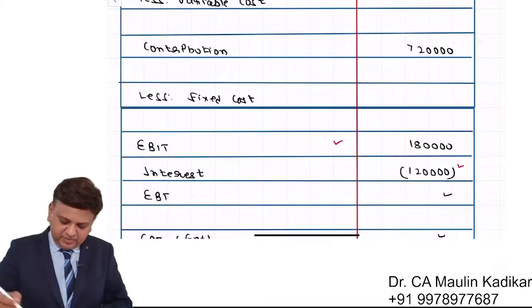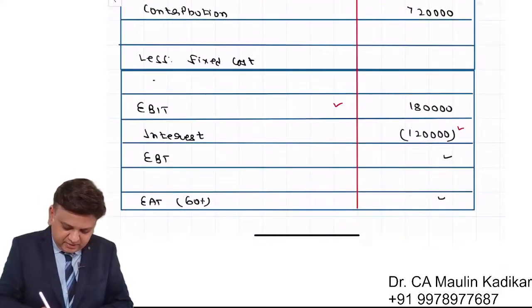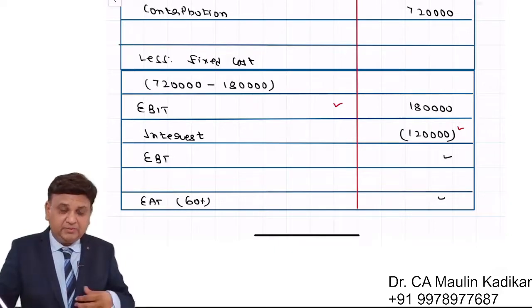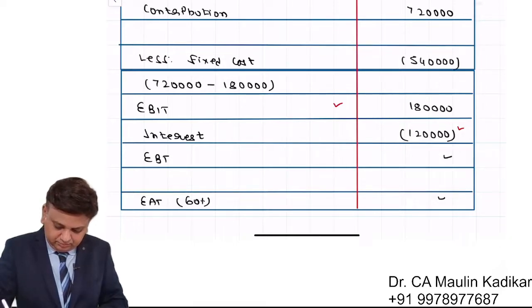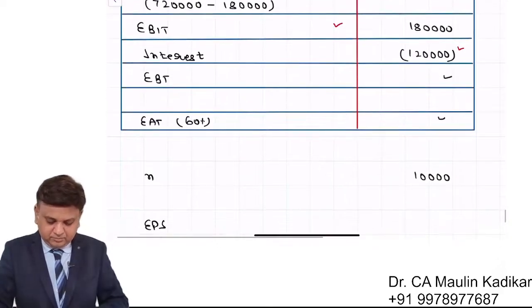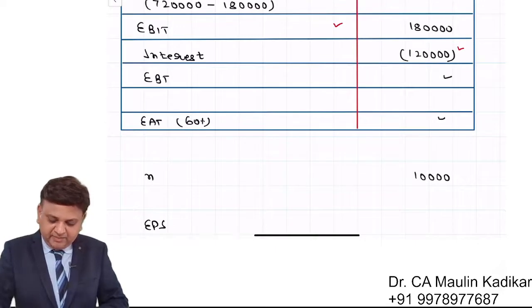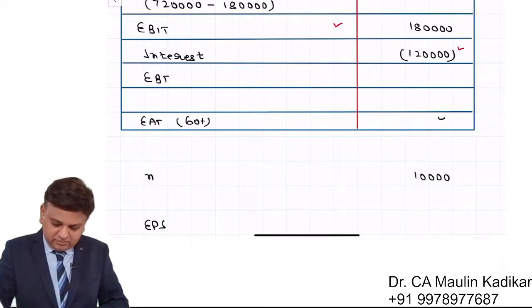Amount of the fixed cost will be the difference of 7,20,000 and 1,80,000. That comes to 5,40,000. EBT can be calculated as 60,000.